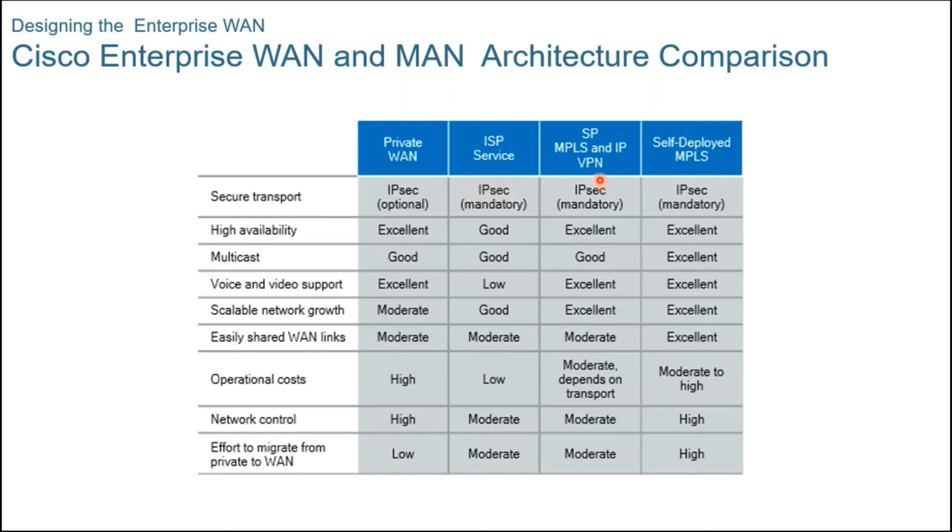Next would be the SP MPLS and IPVPN. A network-based IPVPN is similar in many ways to private connectivity, but with added flexibility, scalability, and reach.